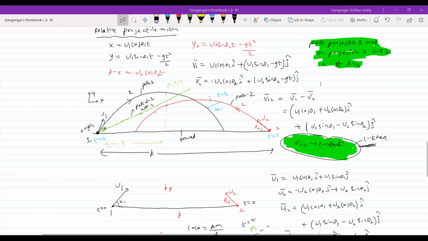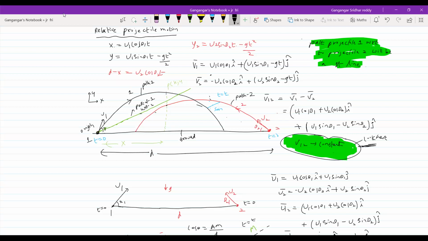M will come somewhere here. No, the M should be perpendicular. Somewhere it will be. The minimum separation. This is 2, no? So you further take this. It's a rough diagram, no? If you assume values u1, theta 1, u2, theta 2, then you can exactly tell where that M will come in the path.